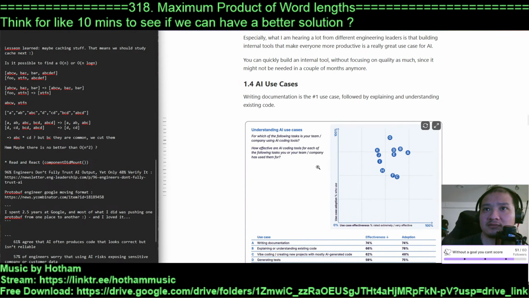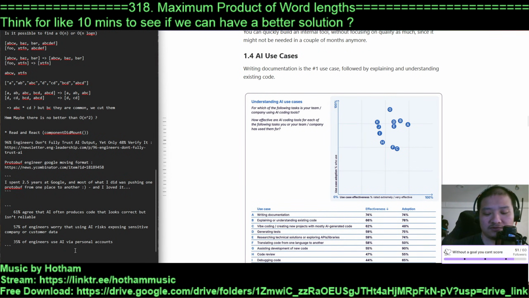Okay, number one use case is documentation. Okay. Fair. I use it too.